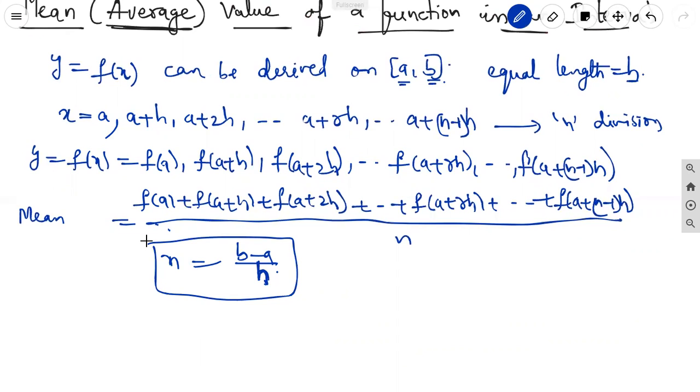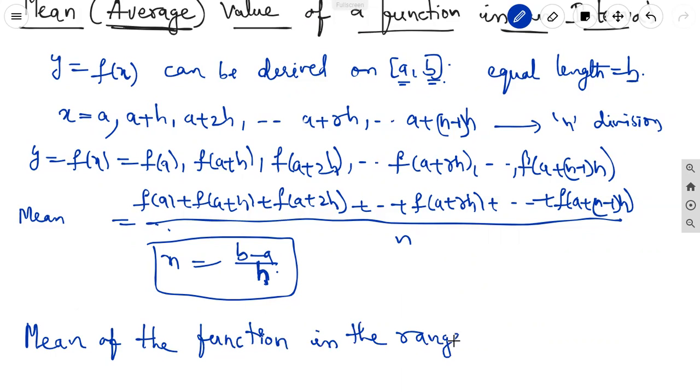Now we can take the mean of the value, that is summation. It can be written as 1 by n is equal to h by b minus a. Now we can take the mean of the function in the range a comma b.